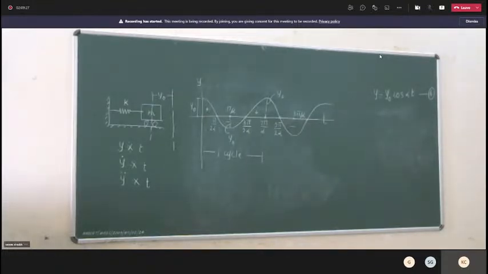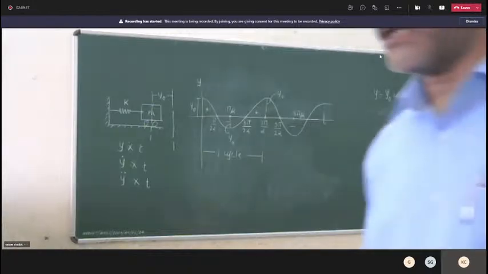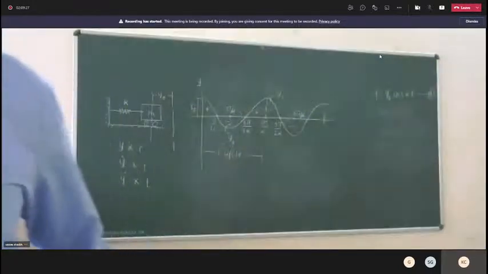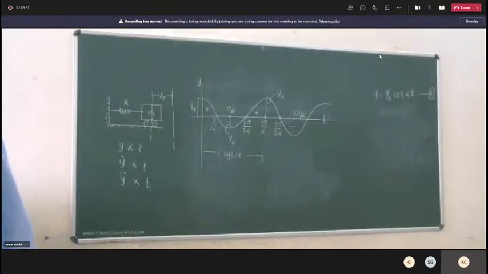Now, if I ask you a question from this graph, can you tell me what is the period of vibration, capital T? What is the definition of period of vibration? Time required to complete one cycle of vibration. y0 is the initial displacement.